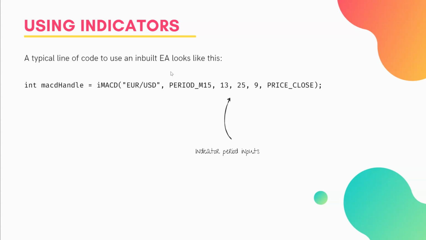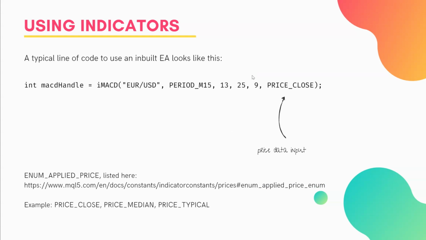And then we need to give the input parameters. These vary depending on the indicator. MACD has three: two moving averages that you're measuring the difference between, and then the third input for the smoothing factor to get your signals. Finally, you need to put which price data you want your indicator to use for its analysis.